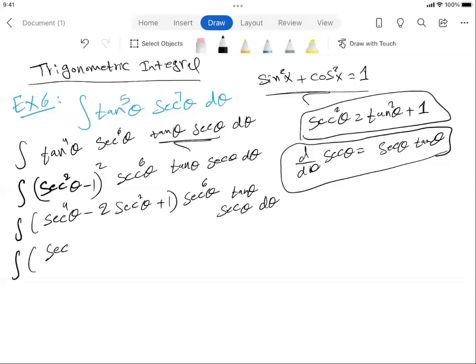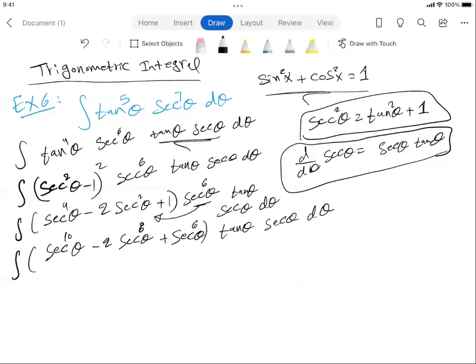Then I will get secant to power 10 theta minus 2 secant to power 8 theta plus secant to power 6 theta. All I'm doing is distributing this term. And then I have tangent of theta, secant of theta, d theta.